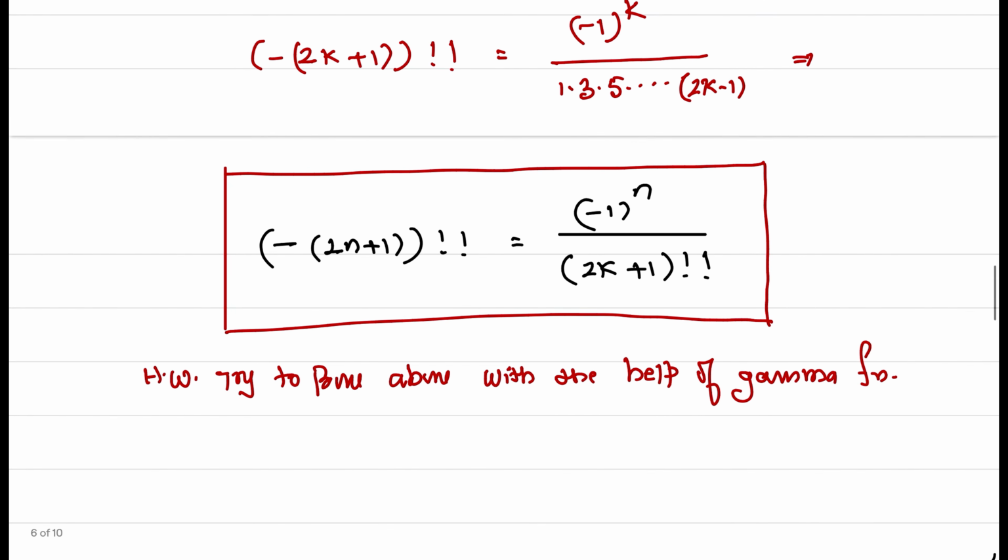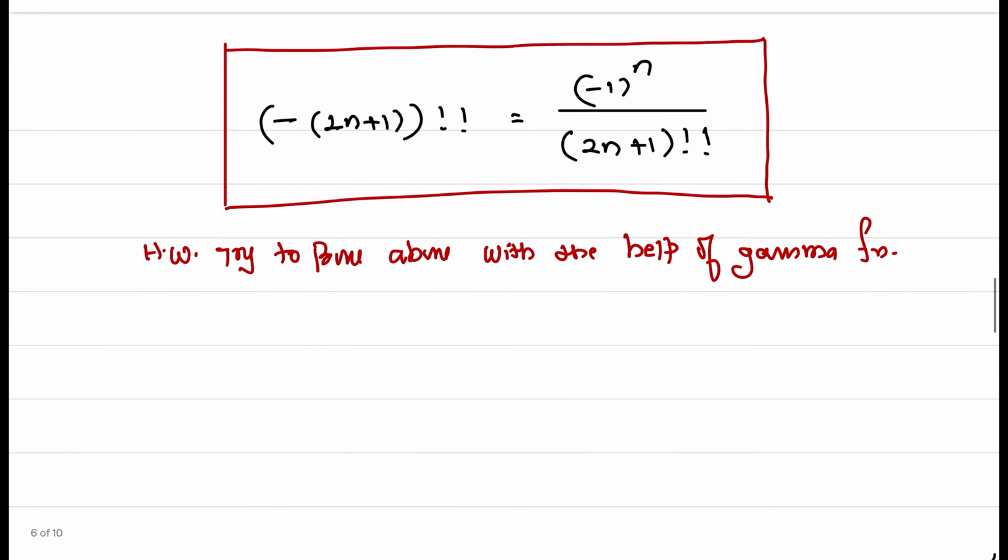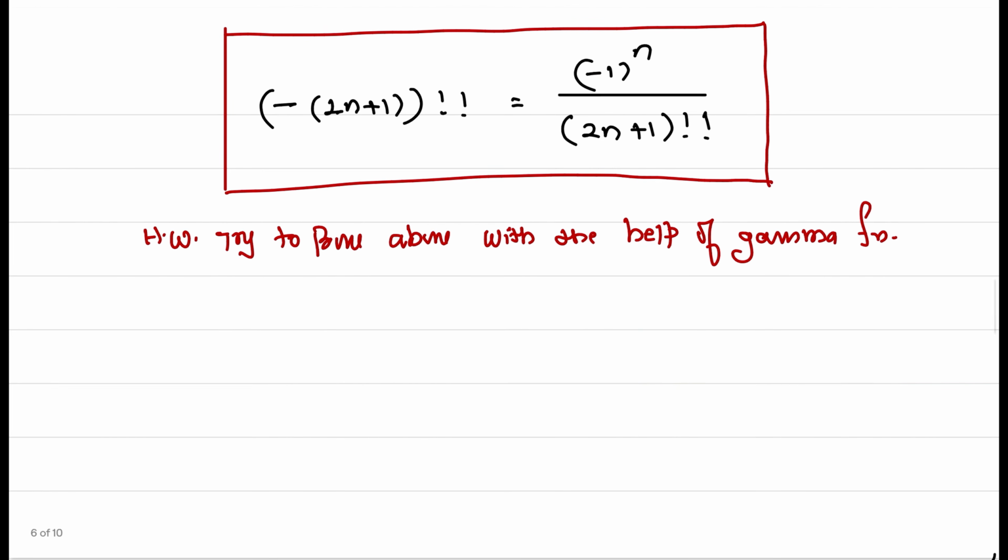Here we can say instead of 2k we have to write it as 2n minus 1 double factorial.